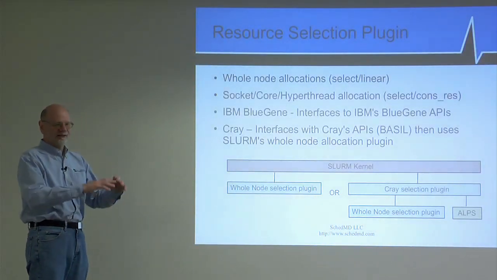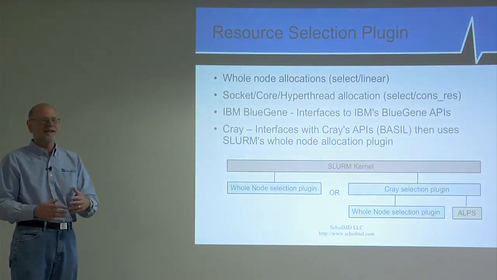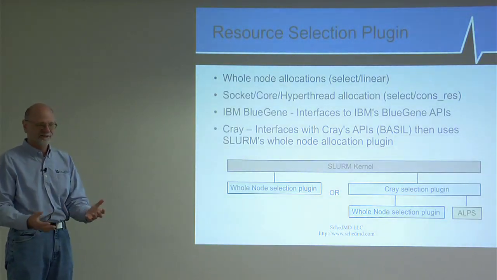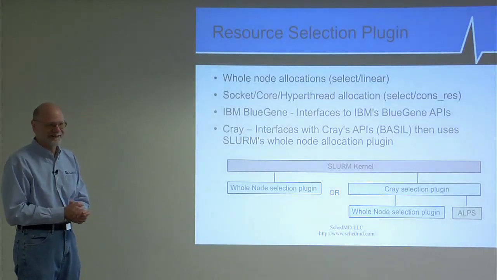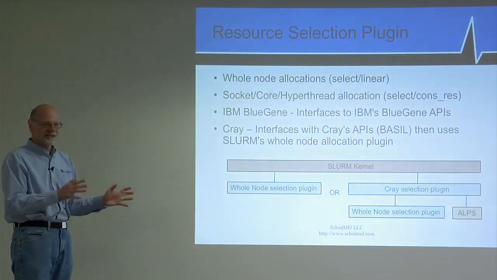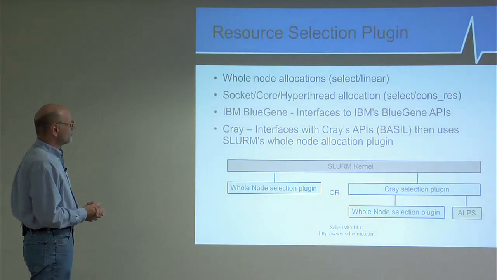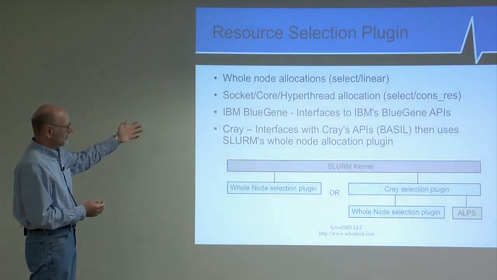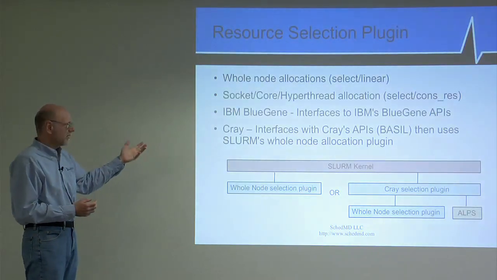So going from allocating whole nodes to jobs to keeping track of and allocating at the level of cores or sockets, all in the Slurm plugin, which frankly surprised me. It was quite a feat that they were able to do something like that with relatively minimal changes to the Slurm kernel.